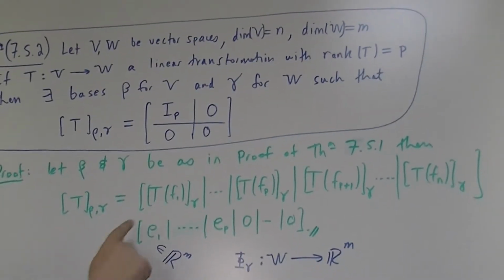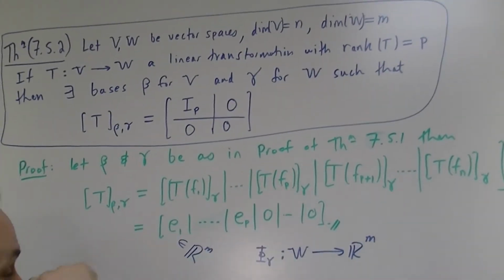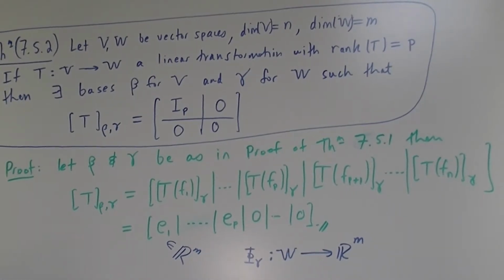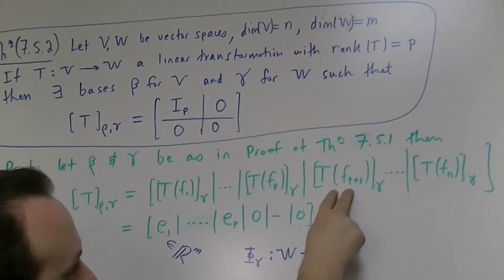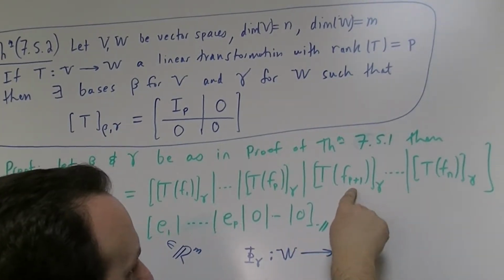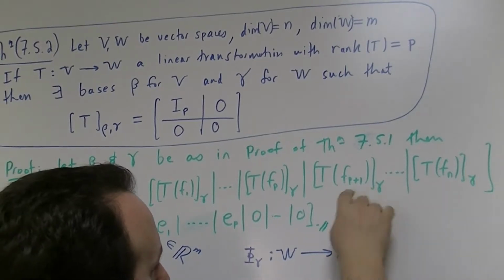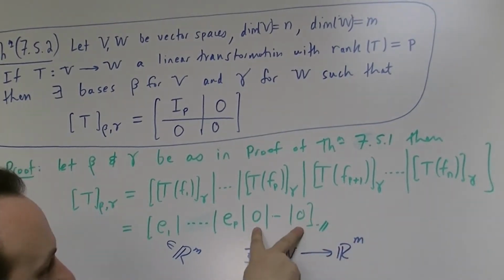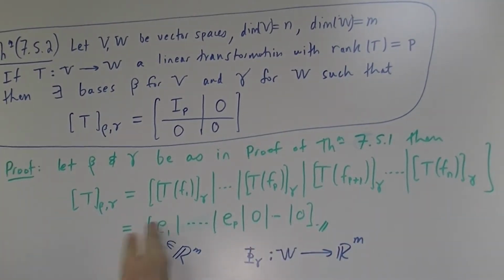That goes on until you get to the end of the part of the basis for beta which maps to the image. The pth one gives you ep. And then these, T of f(p+1) through f(n), are in the kernel of T, so those map to 0, and the coordinate vector of 0 is 0. So what is that? Well, that's exactly the p by p identity matrix, because it's just like e1, e2, through ep, and then zeros in the rest, and that proves the theorem.